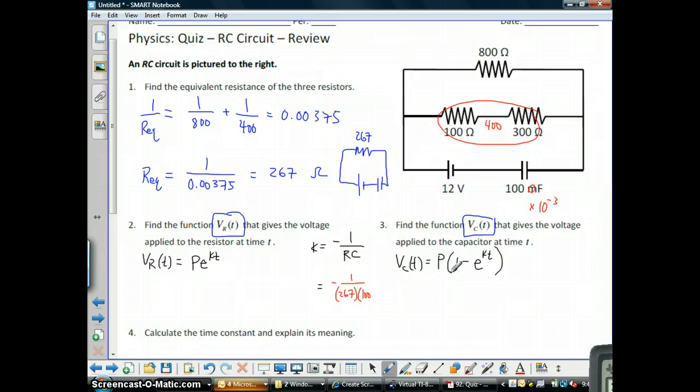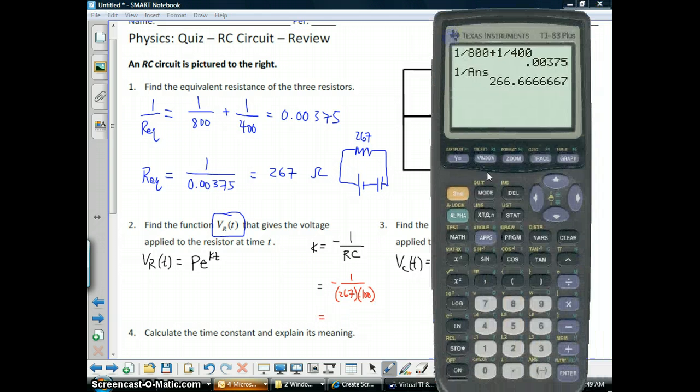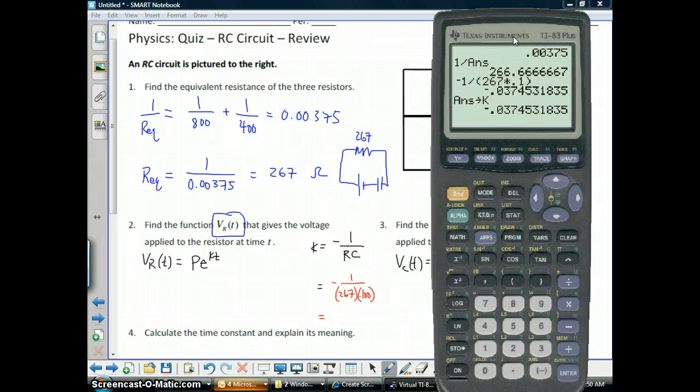So instead of writing 10 to the -3, I'm going to literally move over the decimal to here. See that? So this is now 0.1. And that equals -1 divided by 267 times 0.1. So whatever this number is, I'm going to store this in K, just so I don't have to type in all those numbers again.